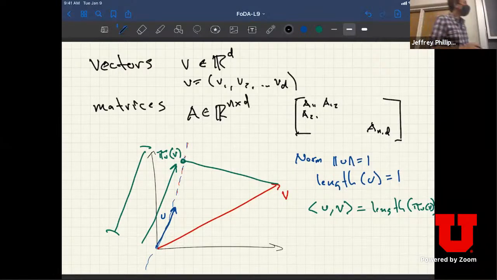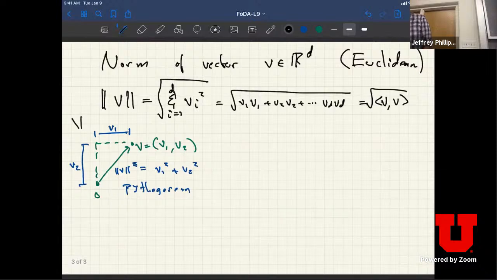I mentioned last time I can avoid u being a unit vector if I divide through by the length of u in this calculation. And so that's why you don't get a square in this case, because I've kind of factored that out. But I just want to show you that that is consistent there.